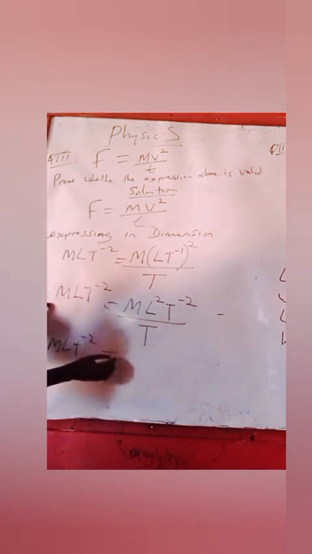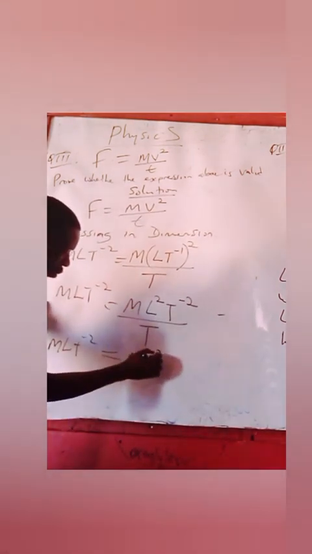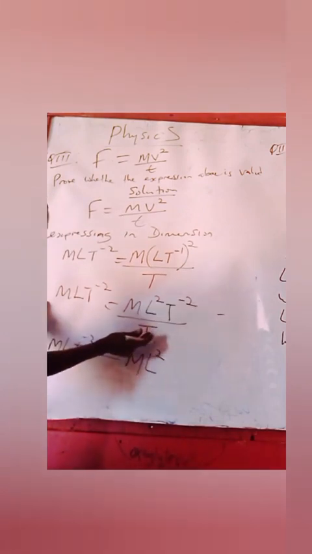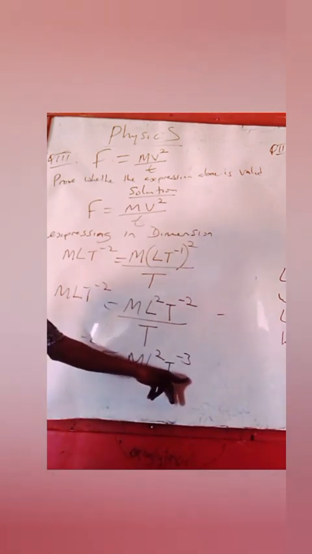This will give me MLT^-2 equal to M, since there is no other M, L squared, T^-2 divided by another T, which will give me T^-3. Now, MLT^-2 is not equal to ML^2T^-3.